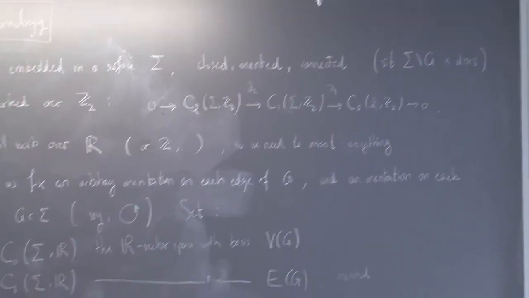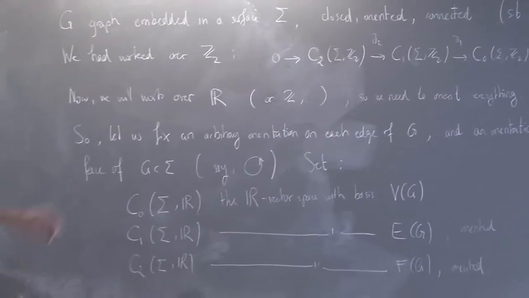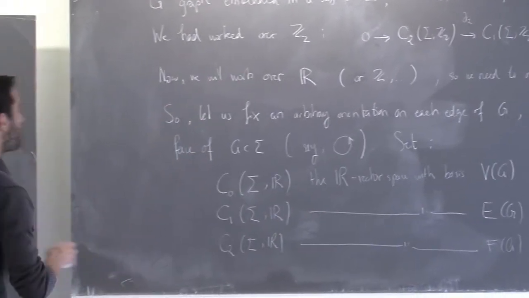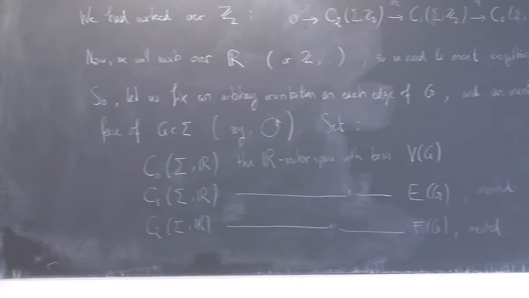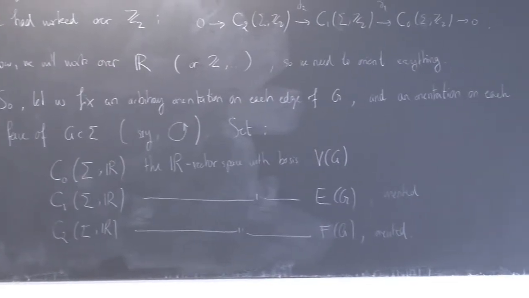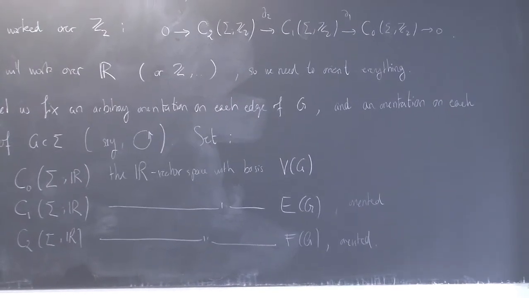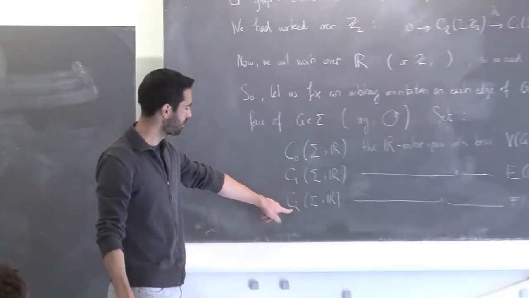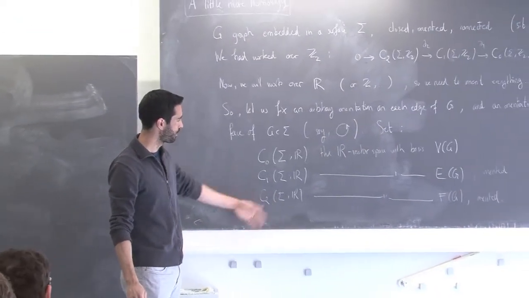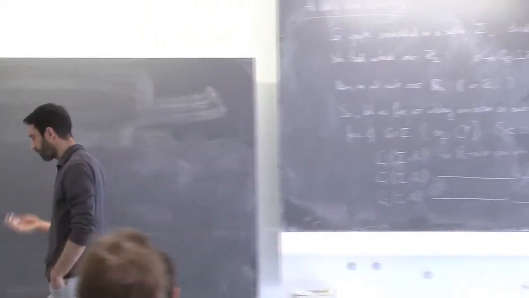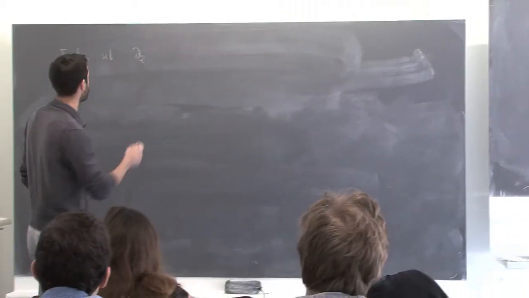Now, what do I need to extend the theory? I need to define what are the boundary operators, so D2 and D1. So I want to define D2 on this set here. So that's the real edge space with bases, the oriented faces.